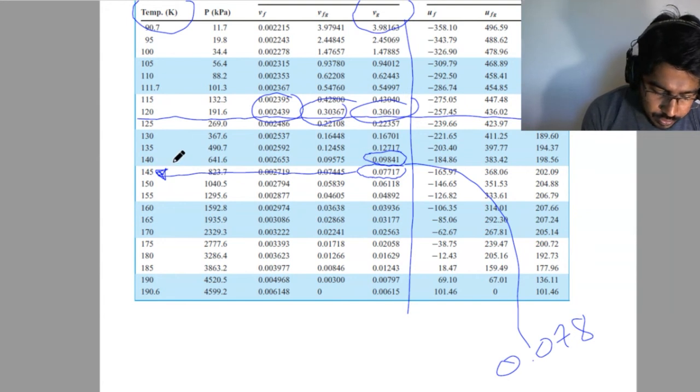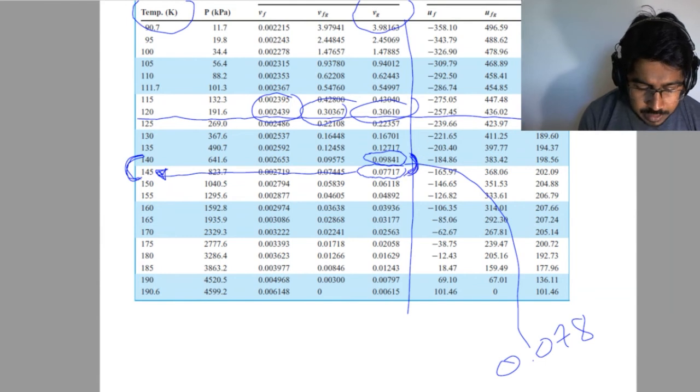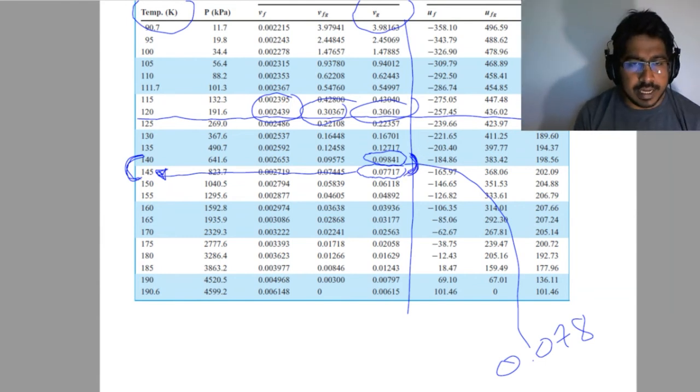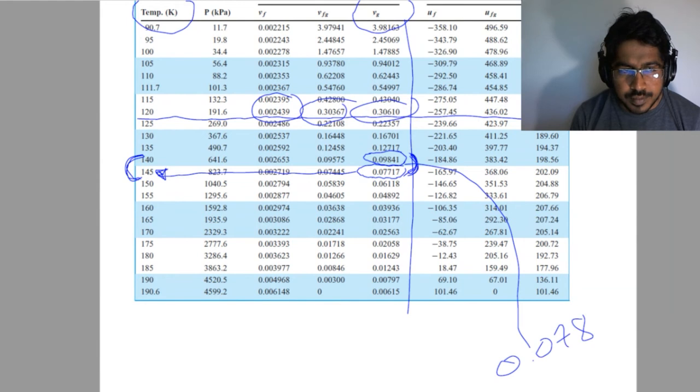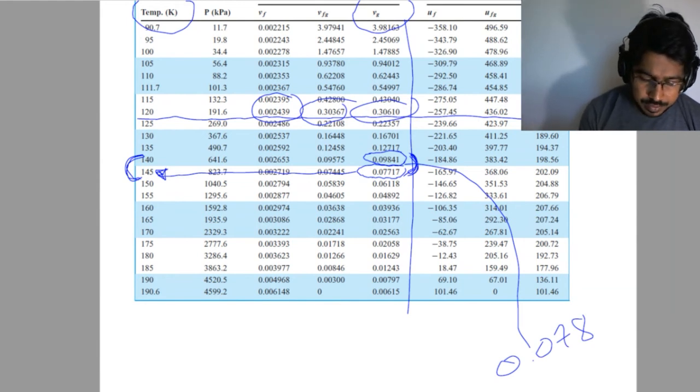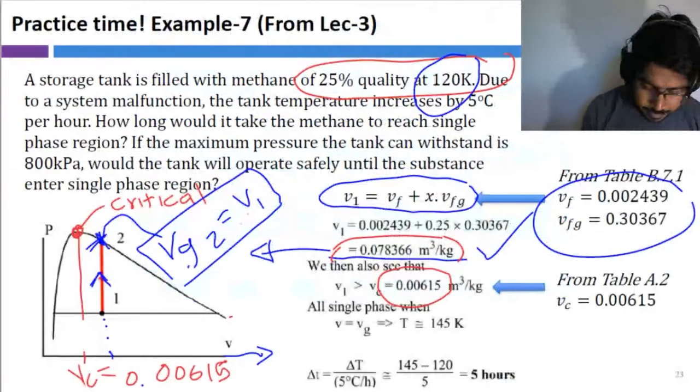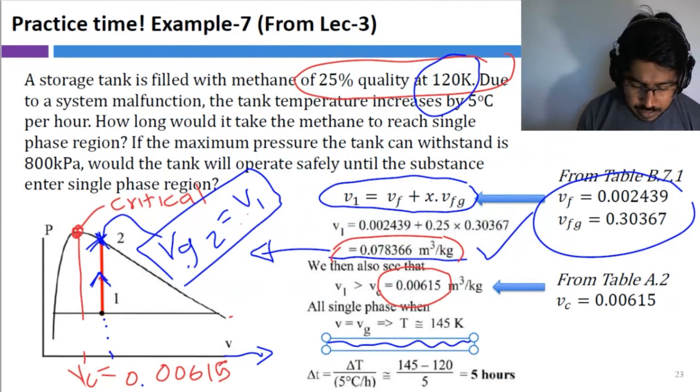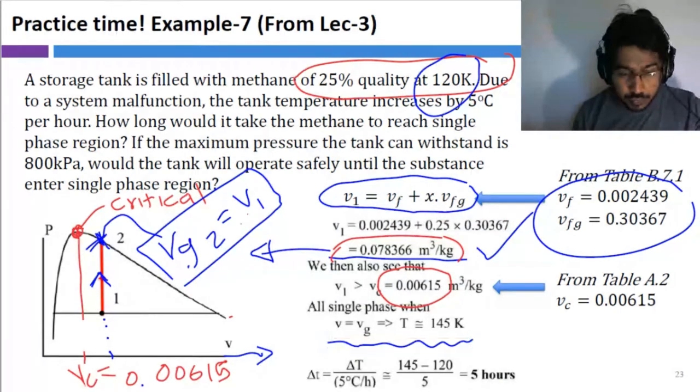If you are interested in doing interpolation, you have to pick the 145 and 140 Kelvin rows and these two specific volumes, and then do the interpolation as necessary. But for now, as this is significantly close, I am picking this number only. So now we have our temperature when we cross the saturated vapor line as 145 Kelvin.